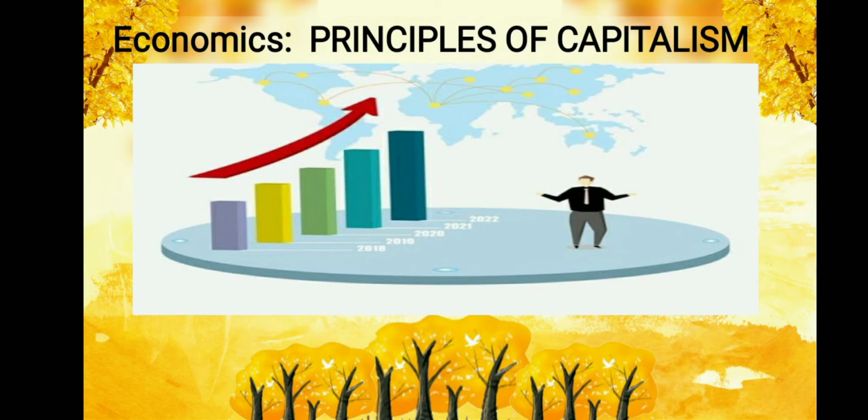So what are the principles of capitalism? Competition: smart business means lower prices and higher quality products for consumers. Voluntary exchange: businesses and consumers must be free to buy and sell what and when they want.